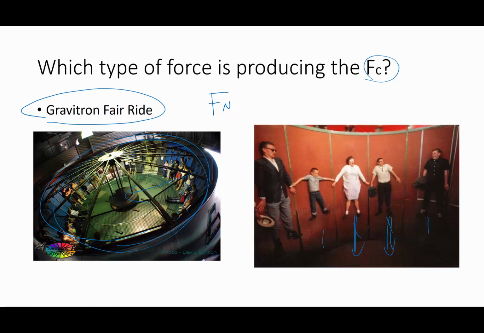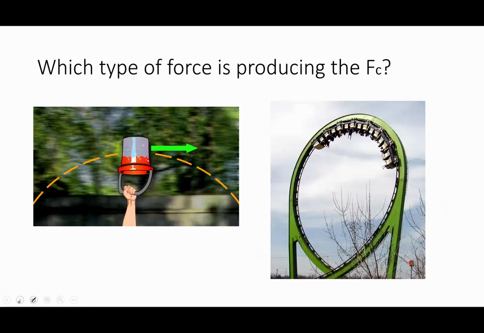Those of you who have ever been in this ride know that the back that you lean against is kind of rough. It is sometimes like a carpet or something that has a high coefficient of friction. So it is the friction force that is holding them up, compared to the force of gravity.